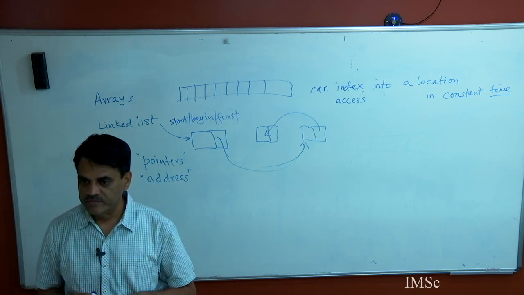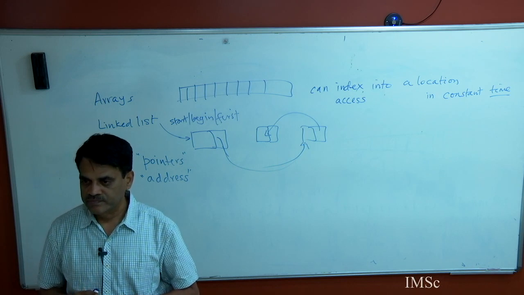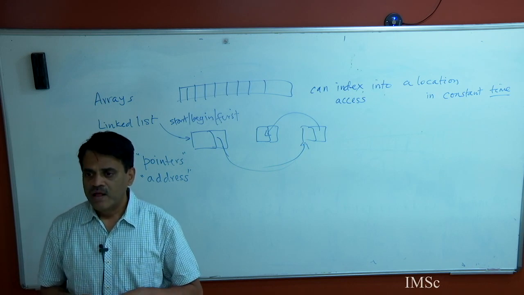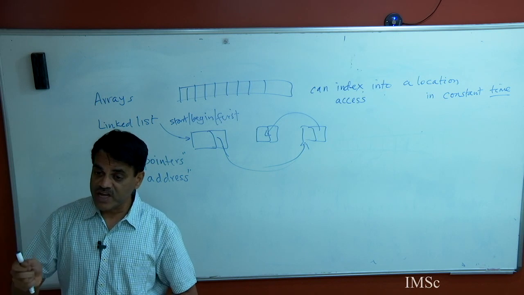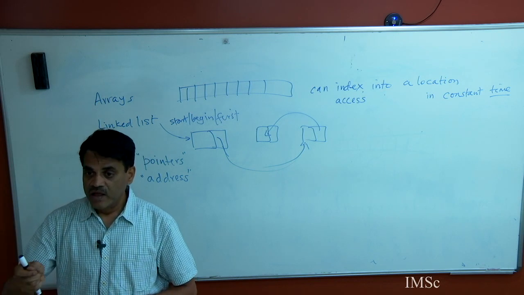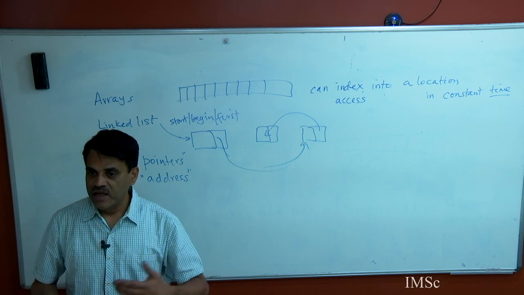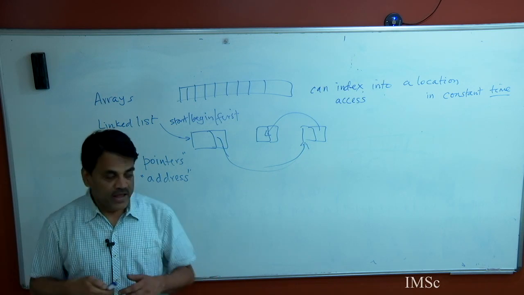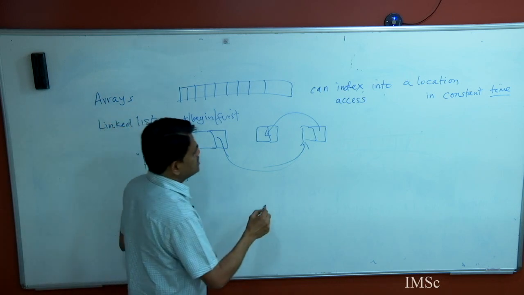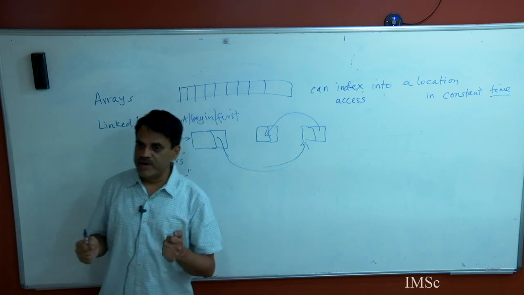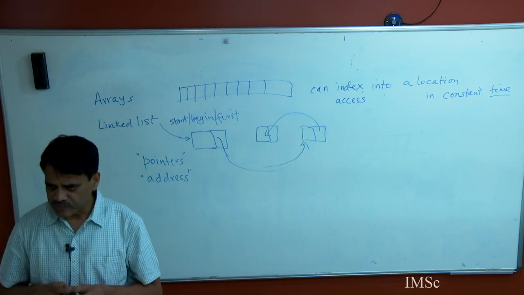How can I find out? Yeah, I have to go to the first guy and ask who is next, and then go to that person and ask who is next, and have a counter which runs. And the moment I get 57, so here I can't access the ith element in instant time, right?